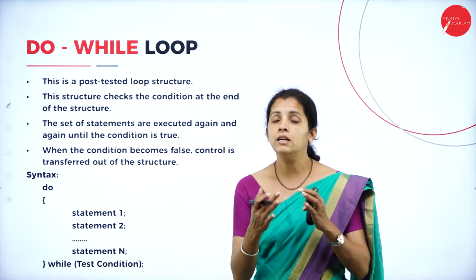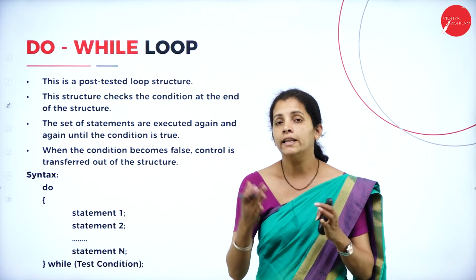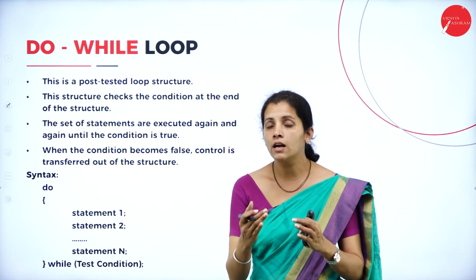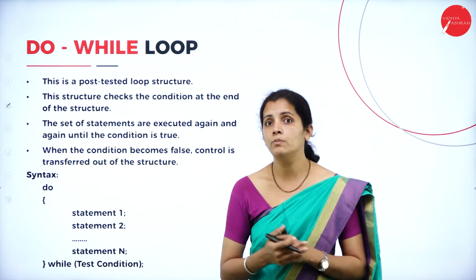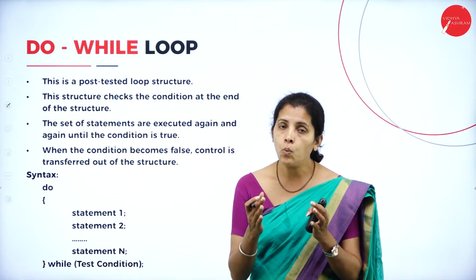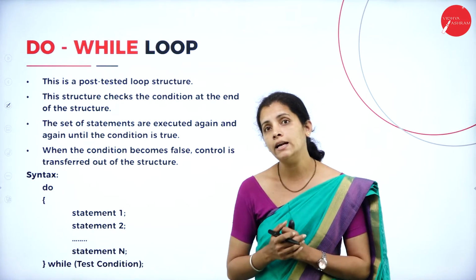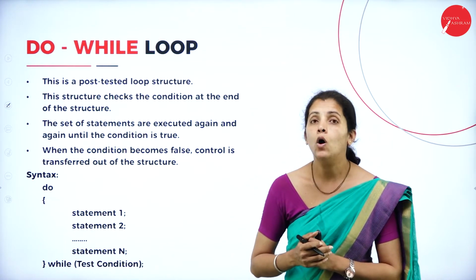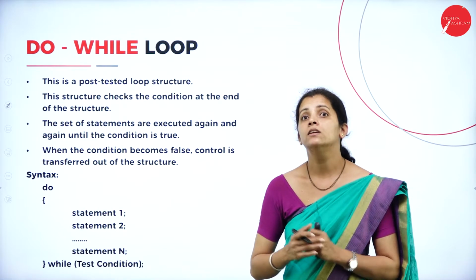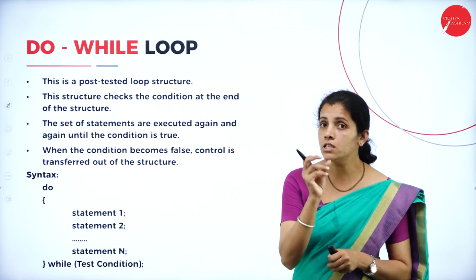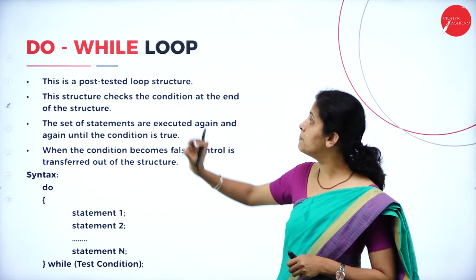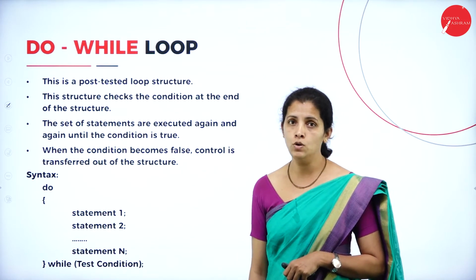And after writing my exam, in the middle, someone comes to me and starts asking about my hall ticket. Once they come to know that I don't have any hall ticket, then they won't allow me to write the exam. And this situation is the best example for the do while loop.